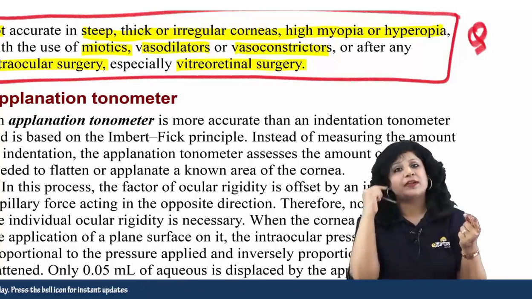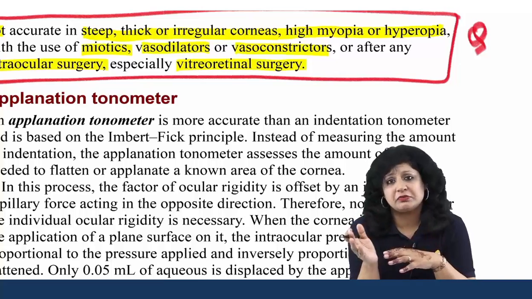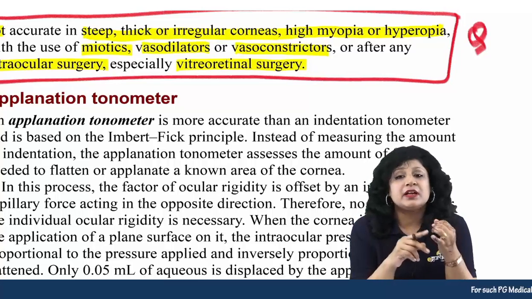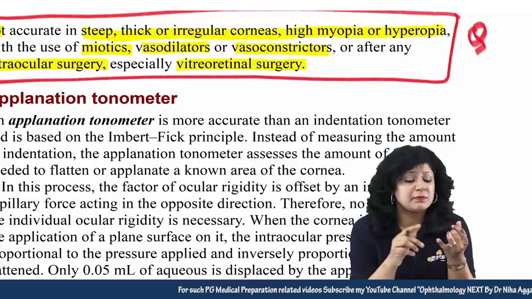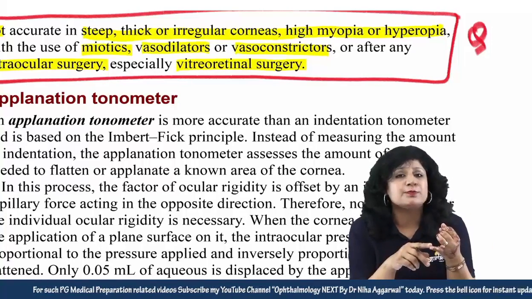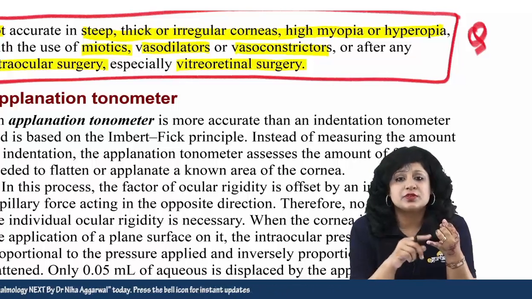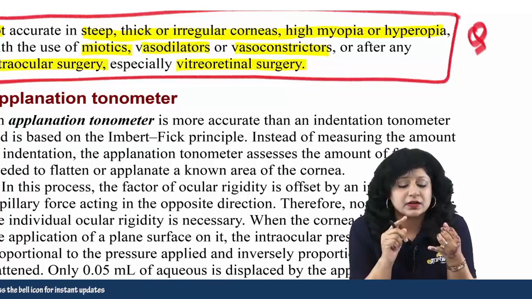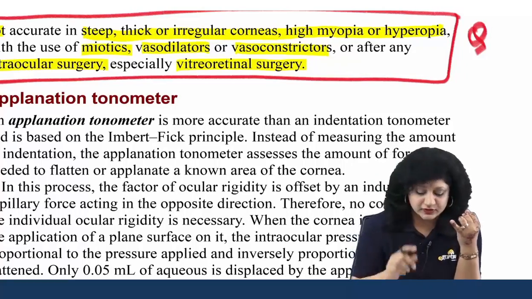They can ask you questions about what are the places where this reading is not accurate. So wherever we have steep corneas, thick corneas, irregular corneas, high degrees of refractive errors, maybe myopia, maybe hypermetropia, or we have used certain drugs like miotics, vasodilators, vasoconstrictors, or we have some surgery on the eye like vitreoretinal surgery, in all these places it's not very good.